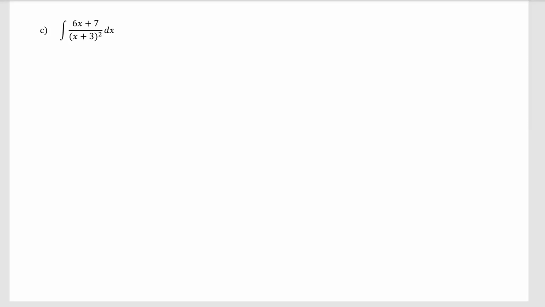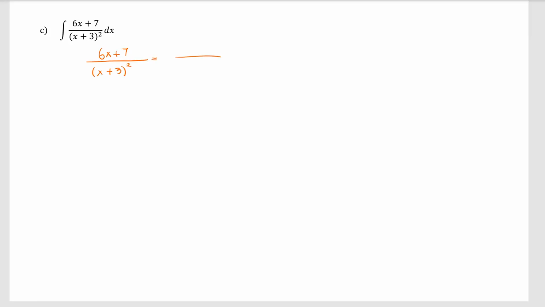So this is a proper fraction, right? And so we can go ahead and set it up, and you can see the denominator is a repeated linear factor, so we are in case 2. Okay, so when we are in case 2, how do we set it up? So we have 6x plus 7 over x plus 3 squared.